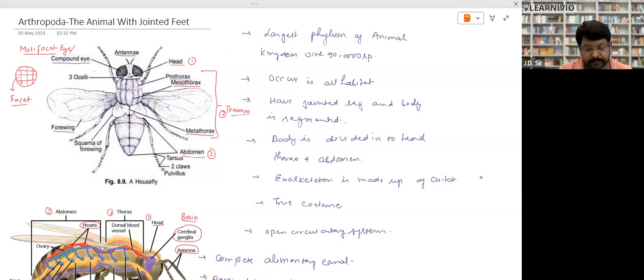In the same point, the body is divided into head, thorax, and abdomen.